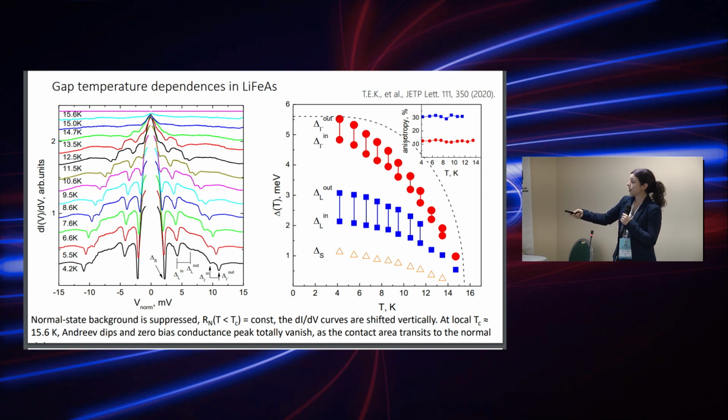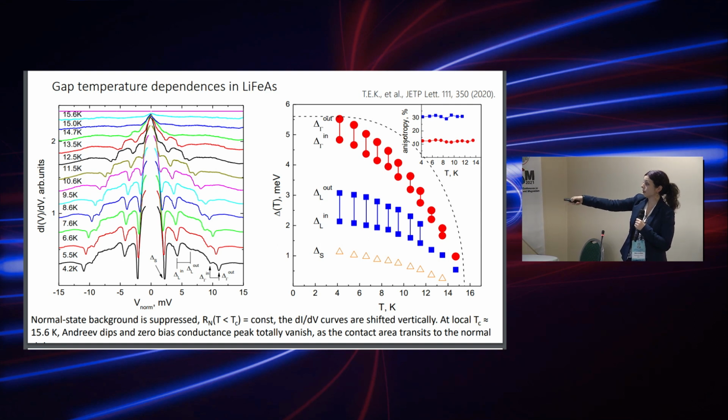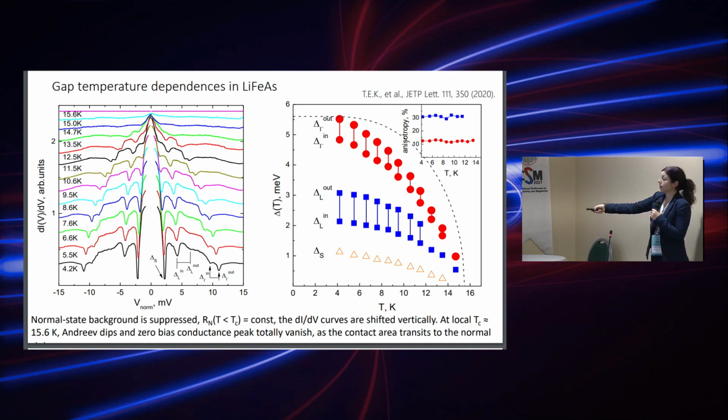With temperature increase, all the features caused by incoherent multiple Andreev reflection transport gradually vanish. I mean the enhanced zero bias conductance and the Andreev structures. They shift toward zero.